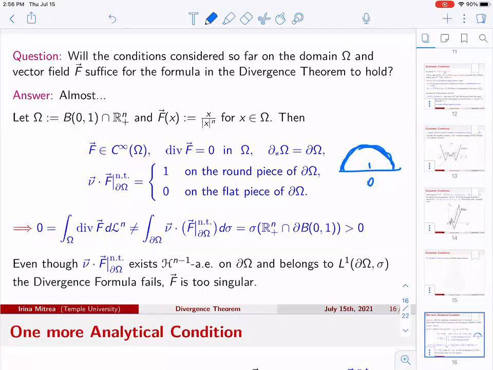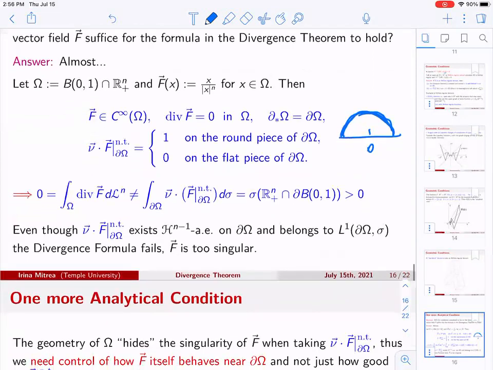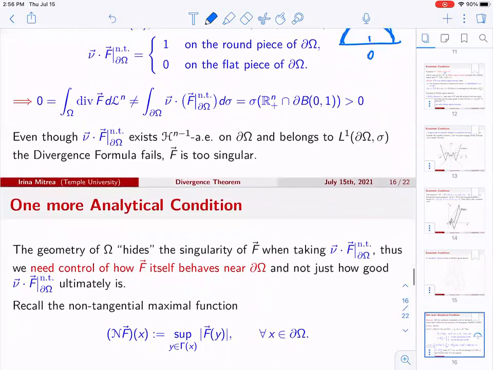So the left-hand side is still going to be 0. And then again, on the right-hand side, we're going to have a strictly positive contribution due to the portion where the inner product between nu and the vector field F is equal to 1. So the divergence theorem still fails to hold.